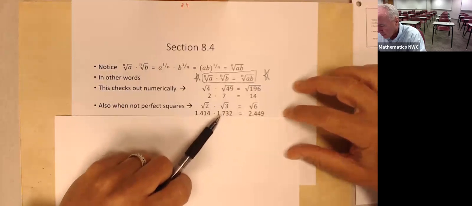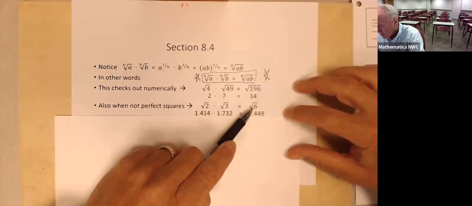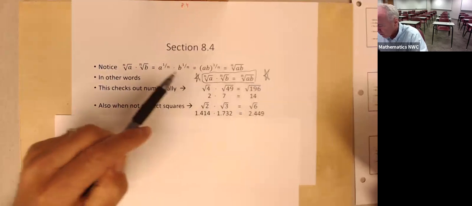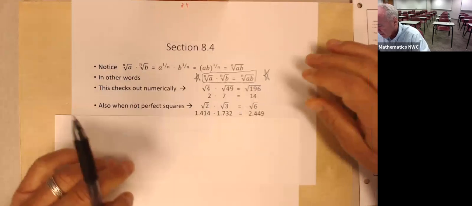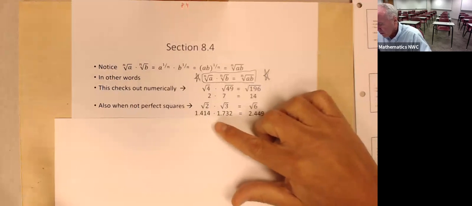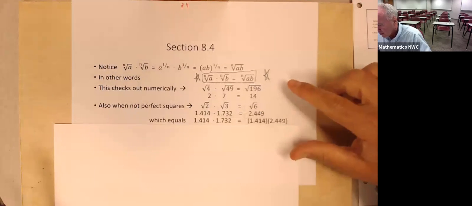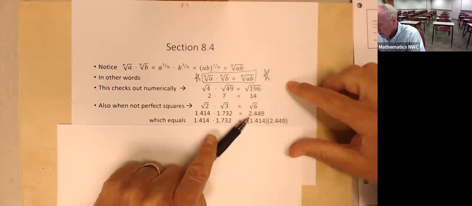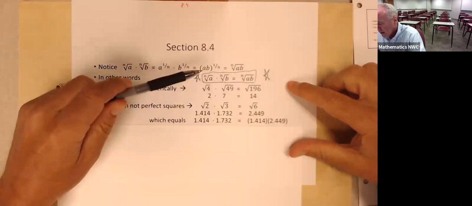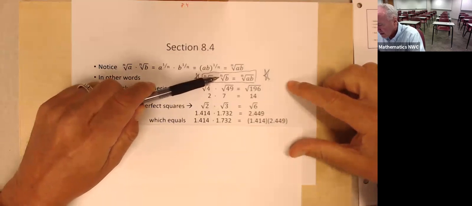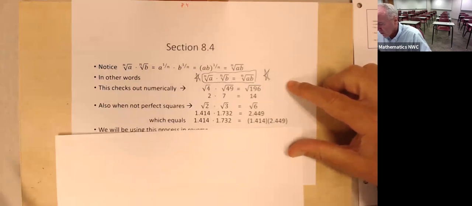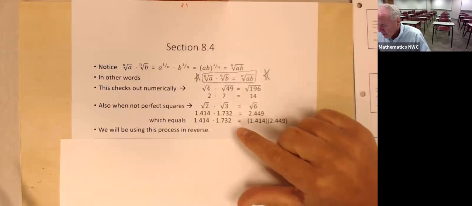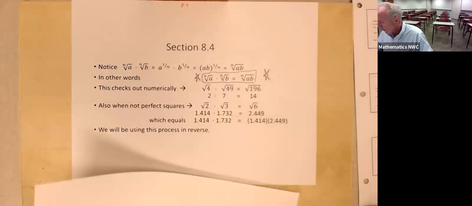Square root of 3 is 1.732. Square root of 6 is 2.449. Well, if you multiply 1.414 times 1.732, you will end up getting the 2.449. Again, just showing numerically that this particular one seems to hold for those. We'll be using this process in reverse frequently.